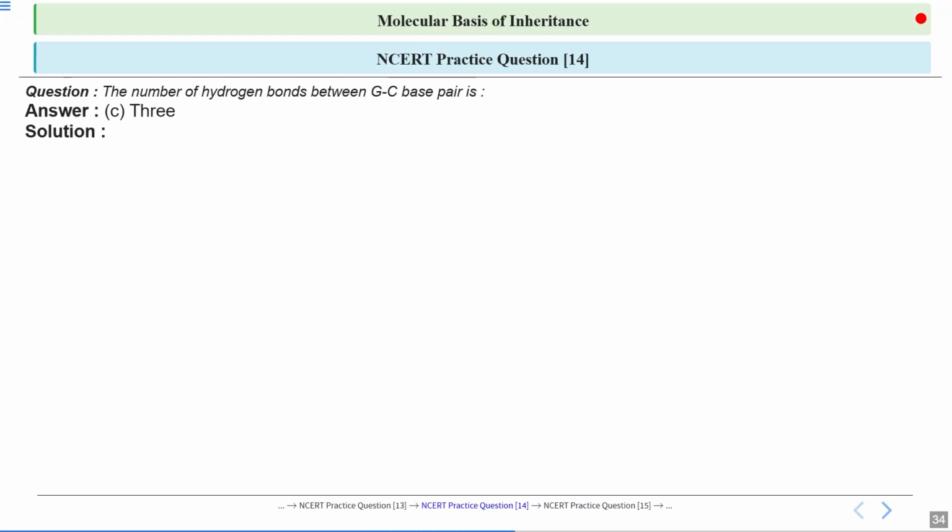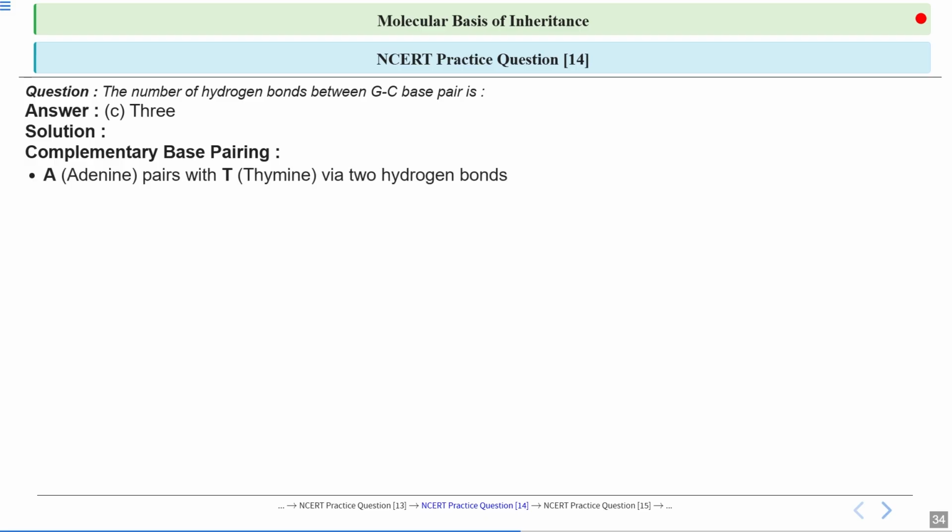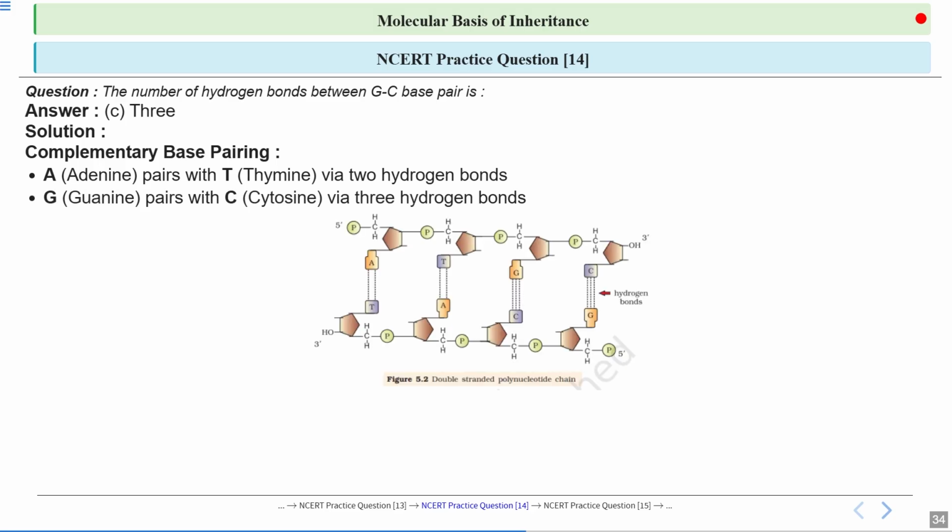The answer is option number C, 3. A pairs with T by 2 hydrogen bonds. Guanine pairs with cytosine with 3 hydrogen bonds. In this image, you can see these are the 3 hydrogen bonds between G and C, and there are 2 hydrogen bonds between A and T.